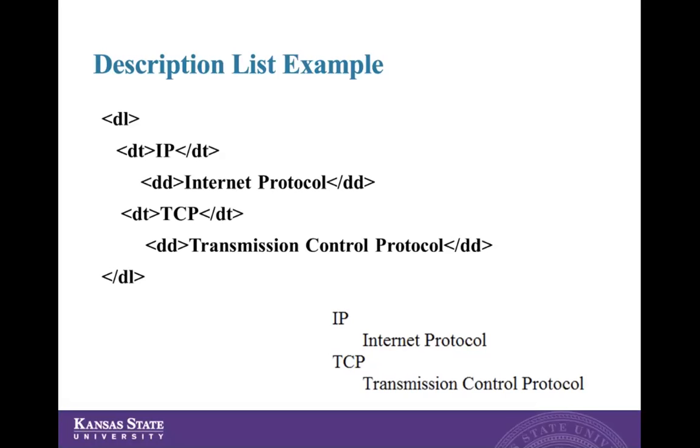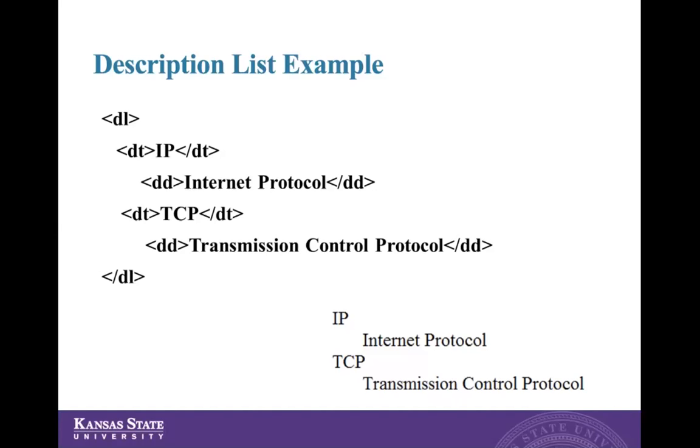If you just think of it as description title, those are like our headings there. So IP, and then below that, we want the definition of that. So then we use our DD tag, and an easy way to remember that is to think of DD as your description details. Okay, so the details of the title.